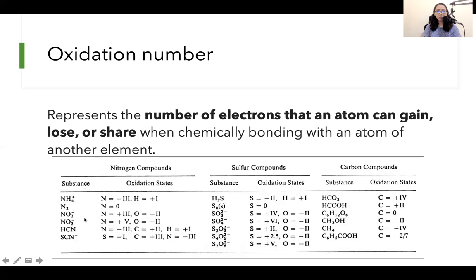Notice nitrogen, it can have -3, 0, +3, +5, and so on. Again, depending on the identity of the second element to which it is bonded. The same goes for sulfur in this list of sulfur compounds, and also carbon.